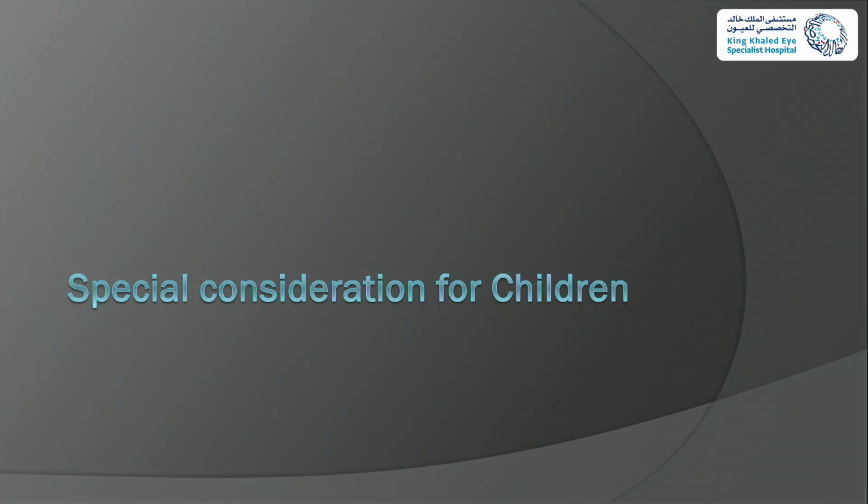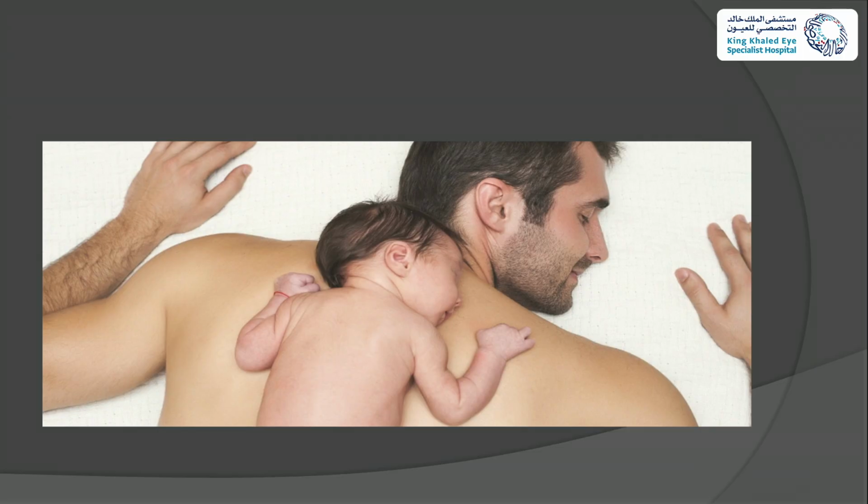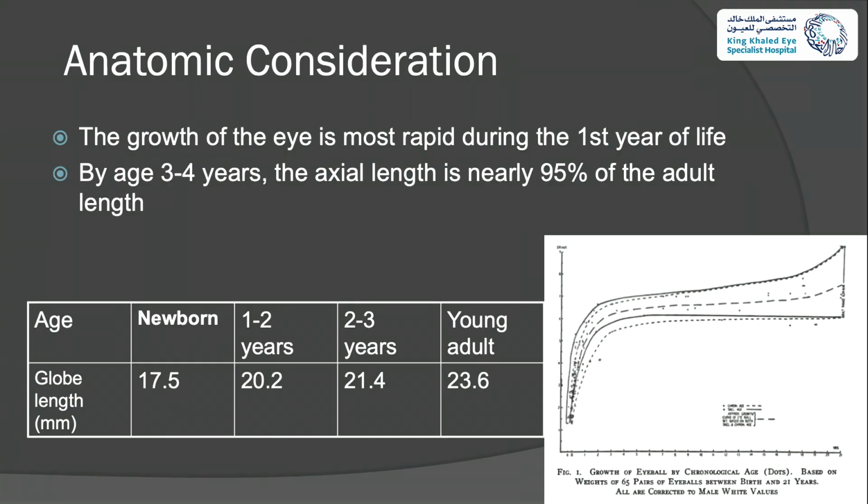And there are also some special considerations for children. I'm interested in both adult and pediatric VR surgery, and I like this picture simply because babies and children are not small adults. They have their own unique considerations. What is most unique is that the most rapid growth of the eyeball is during the first 2 years.